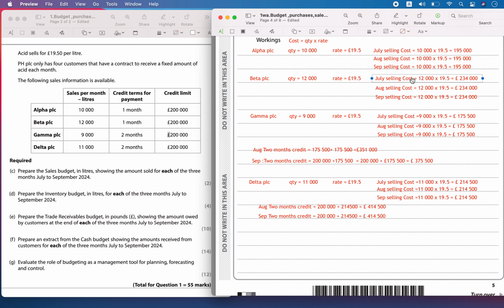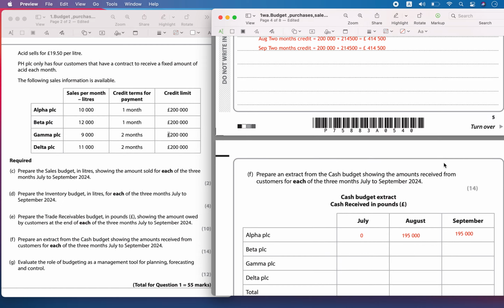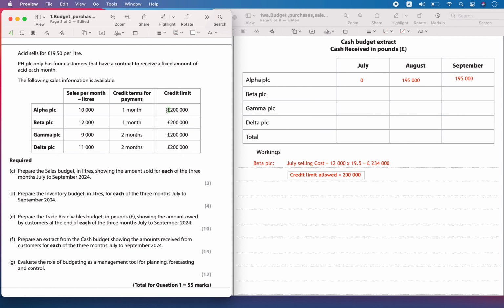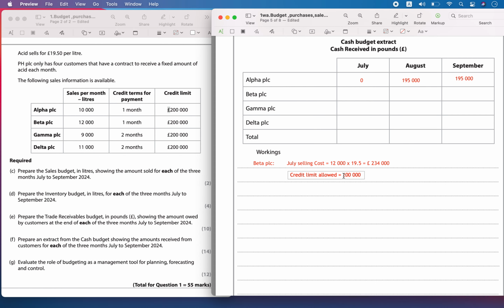For the business, they had to pay 234,000, but the maximum credit limit allowed is equal to 200,000 pounds. That was the credit limit that was allowed. So the remaining they would have paid by cash.